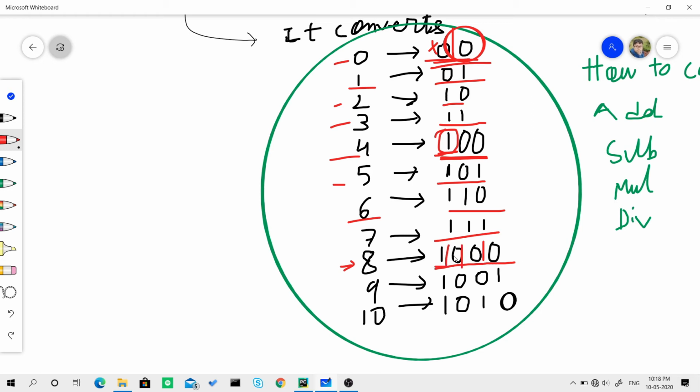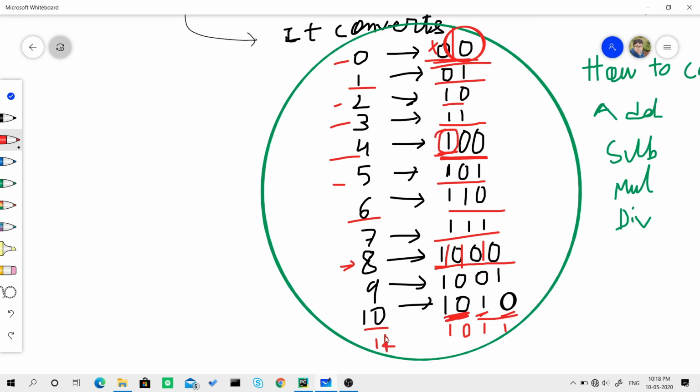We add 1 in the last place, and in 10 we make it 0 and add 1 on the left. Up to 12 this part remains constant and this part changes. Like the next one, 11, will be 1011.